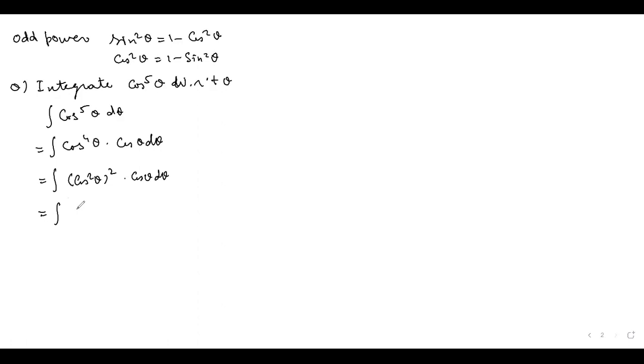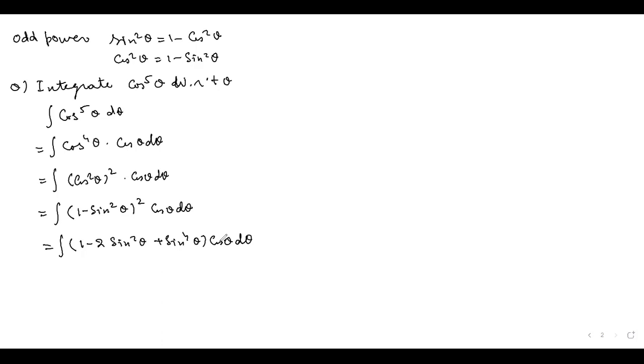There are only few functions which we can integrate, and we will have to follow the set procedure for this one. Now we will replace cos square theta with 1 minus sine square theta whole square cos theta d theta, which is 1 minus 2 sine square theta plus sine power 4 theta into cos theta d theta.